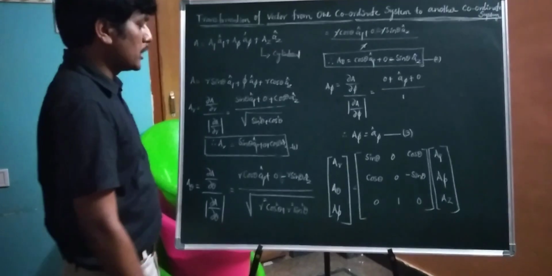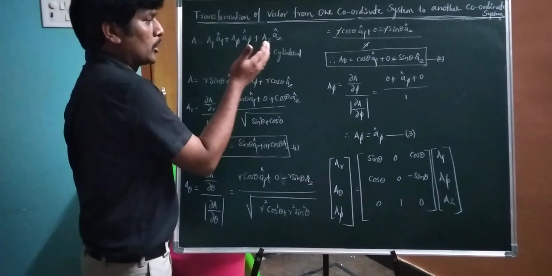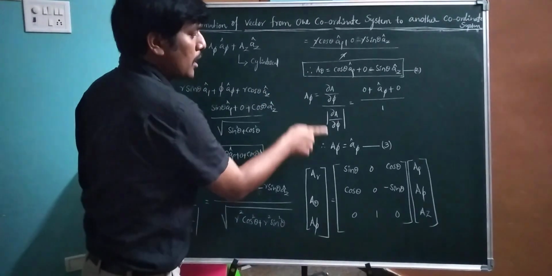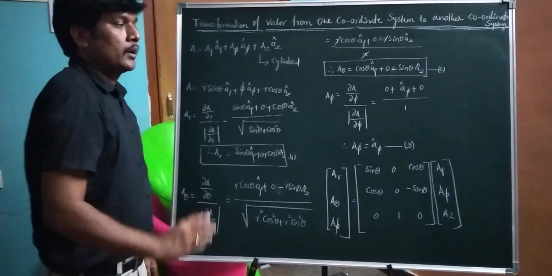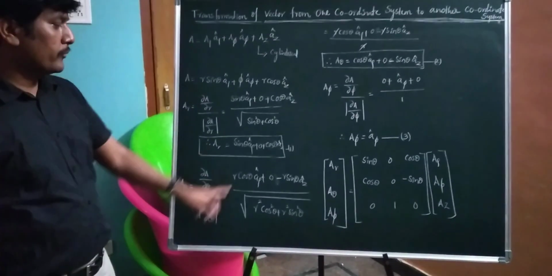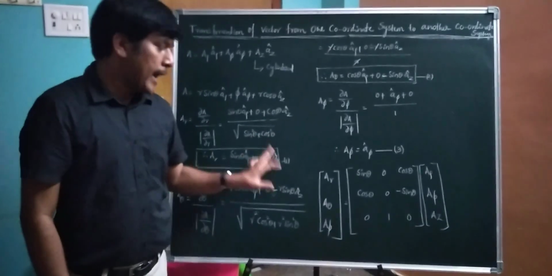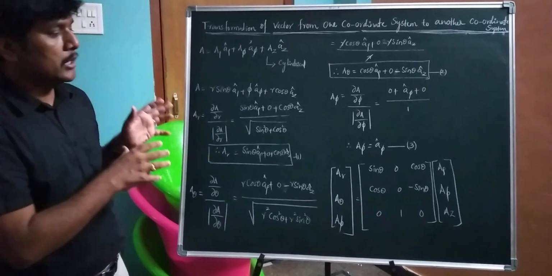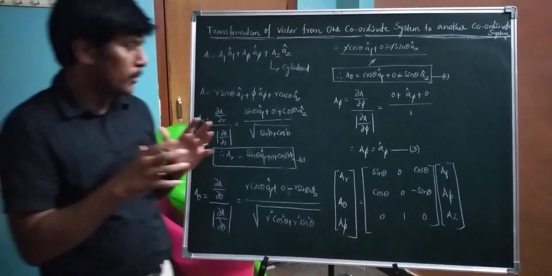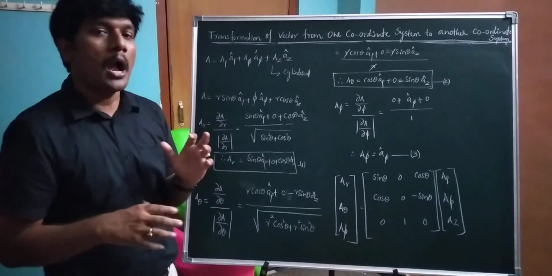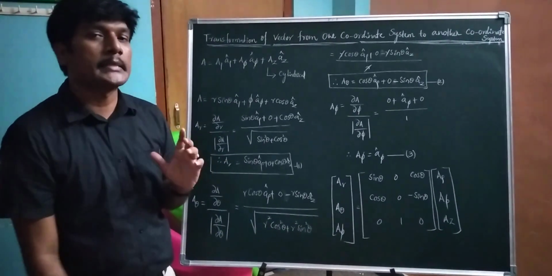Now observe three equations: equation 1, equation 2, equation 3. A r, a theta, a pi can be expressed in terms of a rho, a pi, a z. So these three equations are put in matrix form by replacing a rho, a pi, a z with the equivalent scalar components.